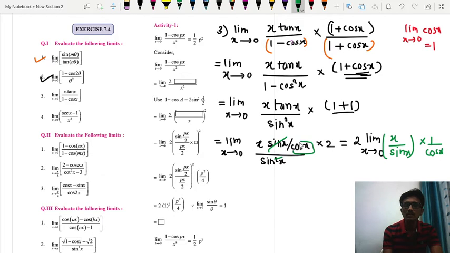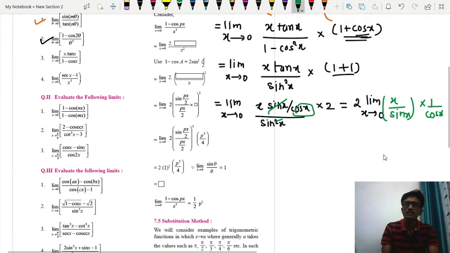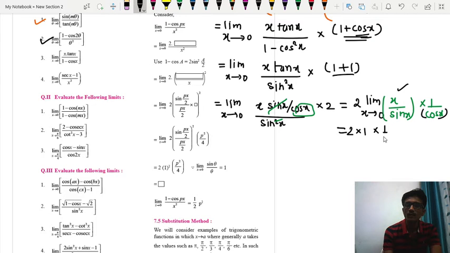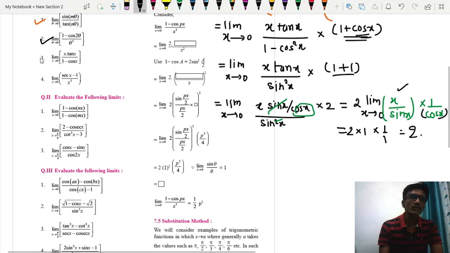This cos x is in the denominator, so this limit is 1 and this cos x limit is again 1. So 2 into 1 into 1 upon 1 is equal to 2, which is the answer. Next question. We did this third one.